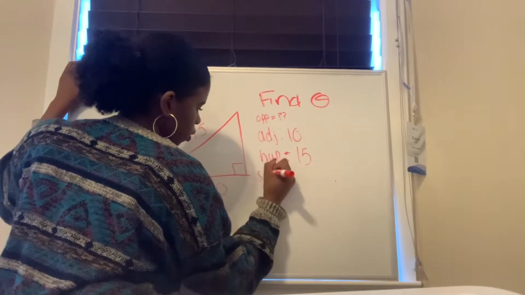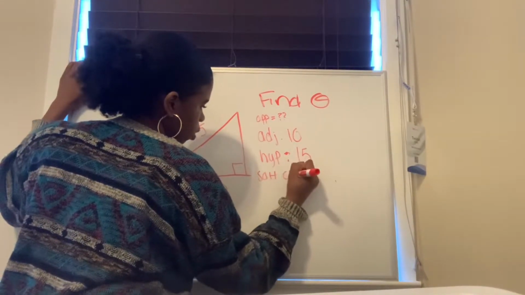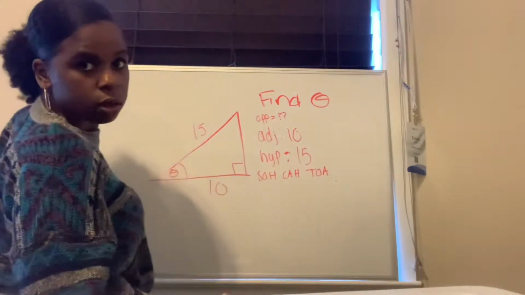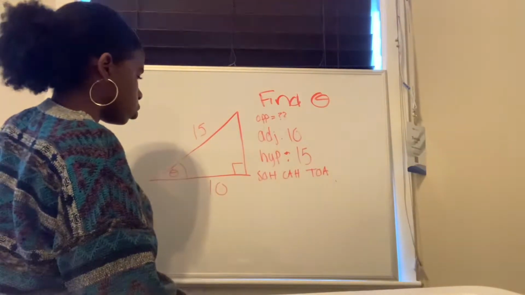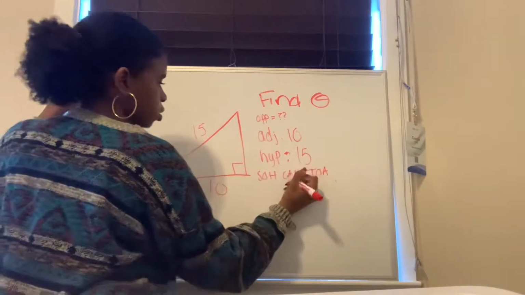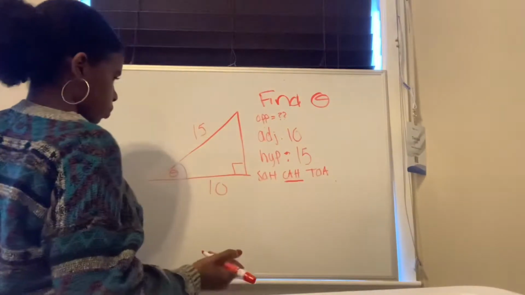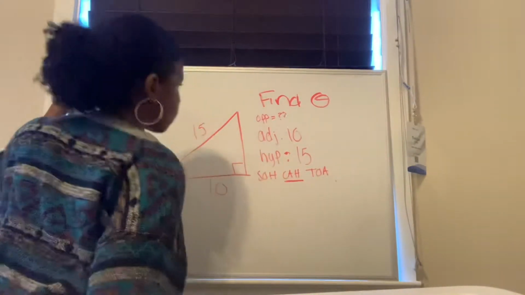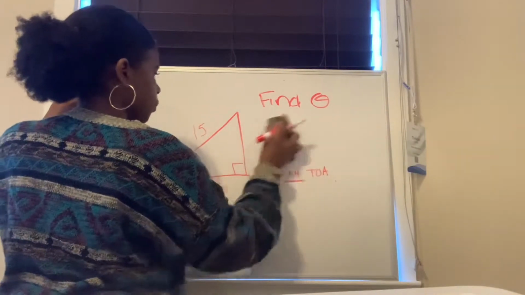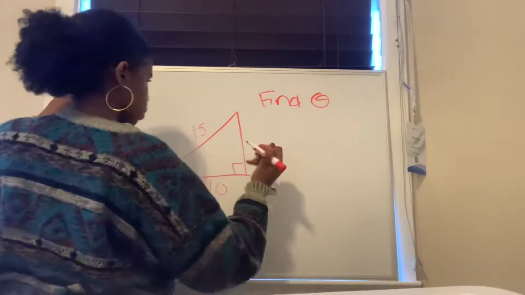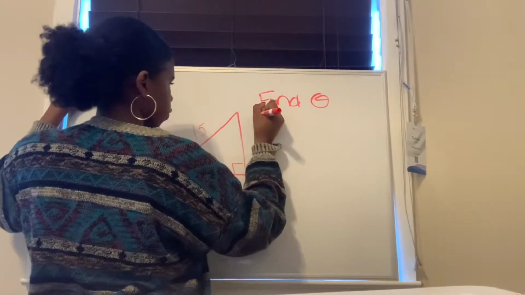Well, from SOH CAH TOA, what can we use? Well, we have adjacent and we have hypotenuse, so we use this. Okay, so I'll do the formula again.